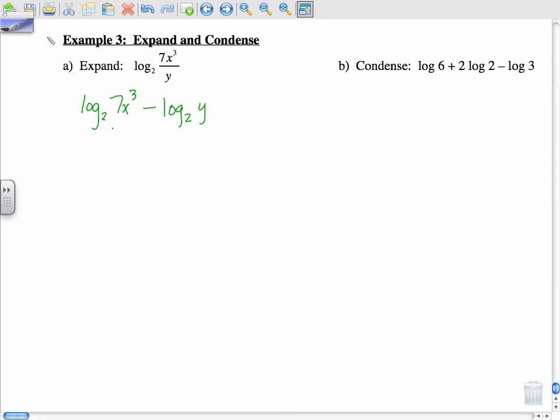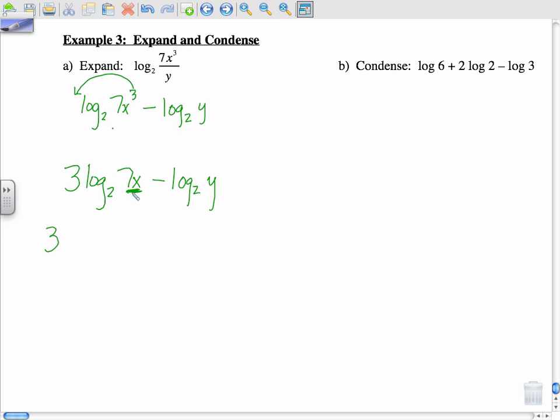So once I have taken care of this division, which turned into subtraction, now I can adjust this. I'm going to take this 3 and put it out front. So I end up with 3 log base 2 of 7x minus log base 2 of y. And I'm still not done because I can still expand this a little bit further.